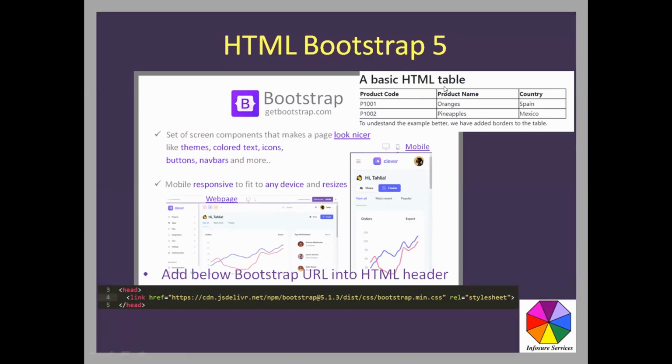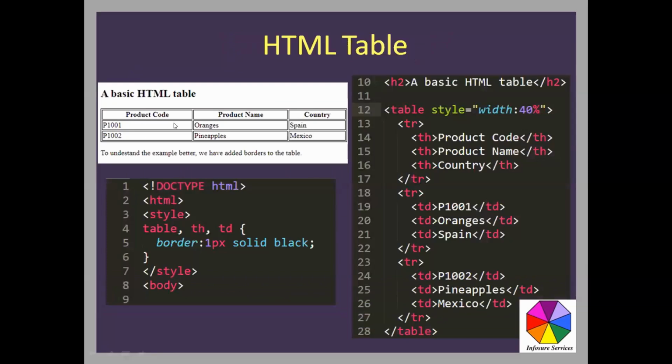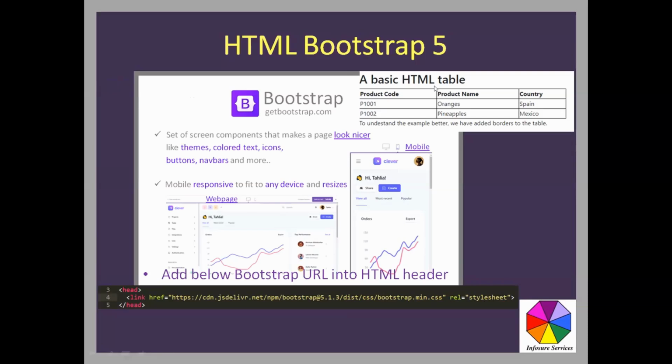This is basic HTML with border 1 pixel solid black, whereas with Bootstrap linked up, the table has single lines, everything automatically set. The title is bold, everything is automatically set. How does it work? Because we just put a link to the Bootstrap style sheet.